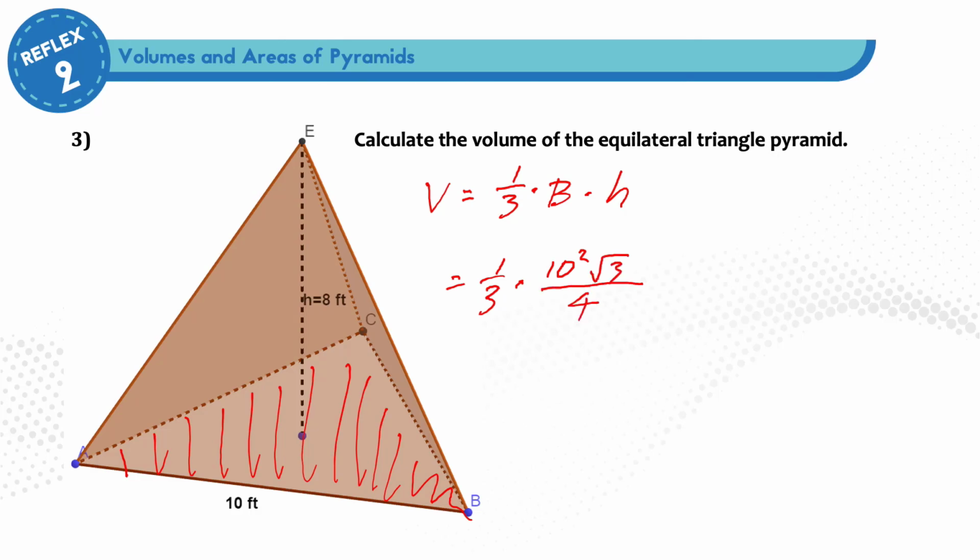So that is the base area times the height given here, which is 8. So 4 and 8, they're reduced to 2/1. So we have 200 times the square root of 3 over 3. Now the unit would be in cubic feet. Done.